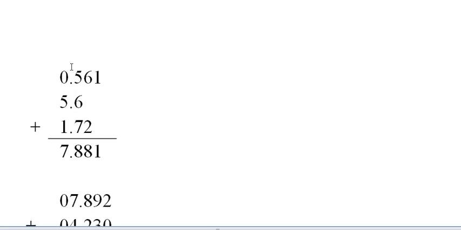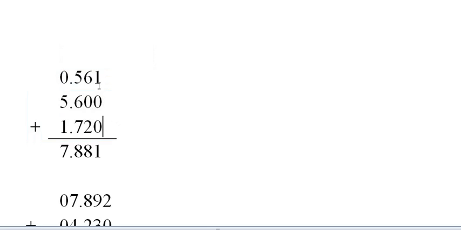After this decimal place, there are 3 digits. But in this number 5.6 there is only 1 digit, so give 2 zeros out here to match everything. And here only 2 digits are there, so give 1 zero extra, because it will be very easy for us to do addition or subtraction.